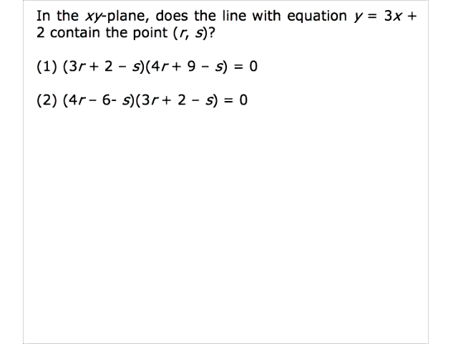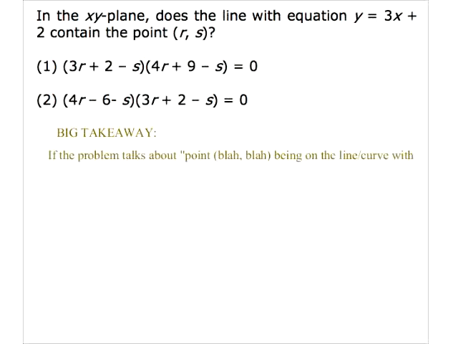So, big takeaway: if the problem talks about point blah, blah, blah being on the line or curve with equation blah, blah, blah, then this is probably not a coordinate geometry problem at all. This is probably a pure algebra problem.